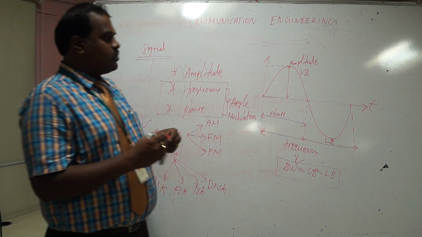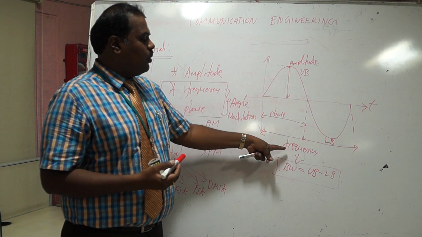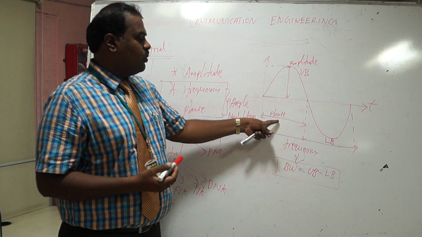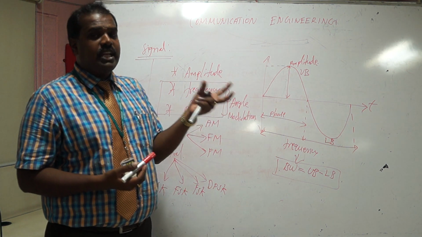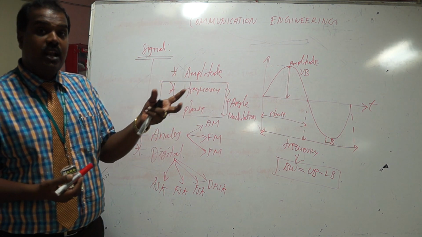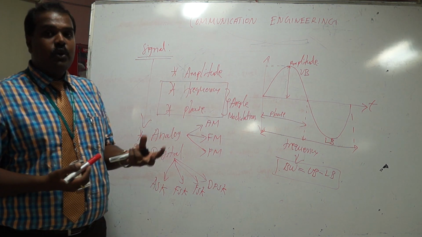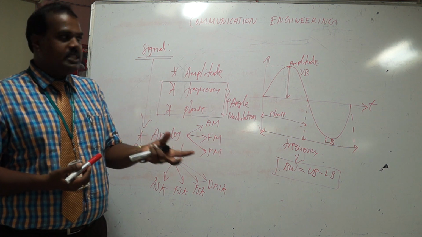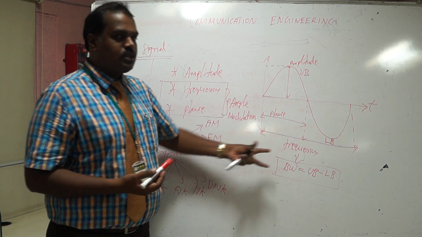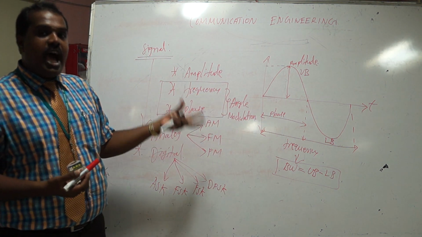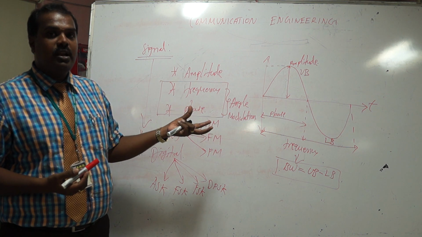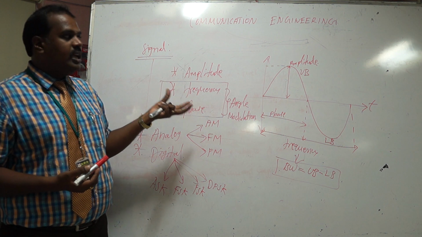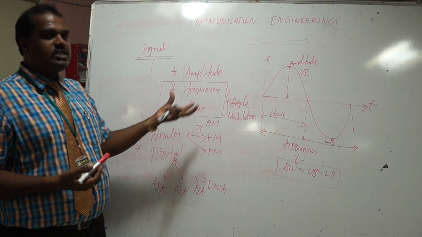This is how the signal varies based on the three characteristics or qualities of the signal: the first one amplitude, the second frequency, and the third phase. Every signal, not only the analog signal, even the digital signal, analog pulse or digital pulse, has these three characteristics. It's a very basic fundamental. As communication engineering students, you must know how the signal carries the three qualities and how they vary.